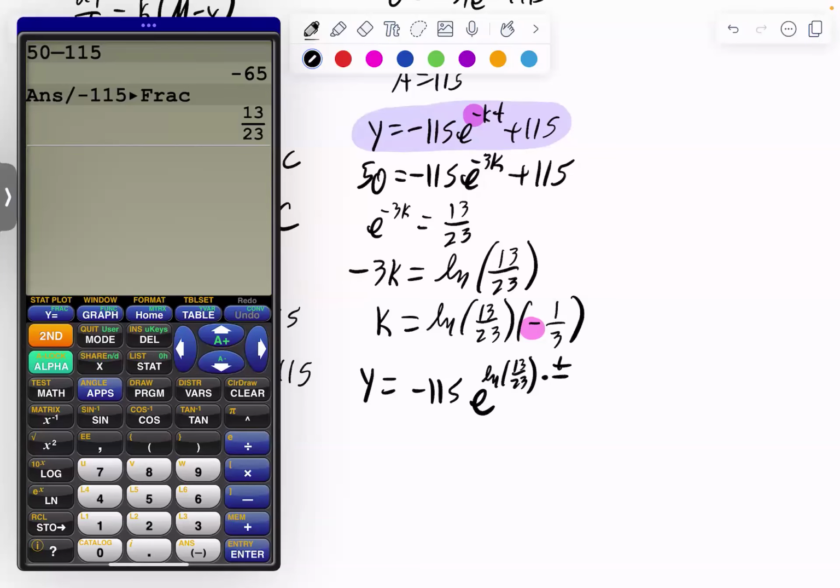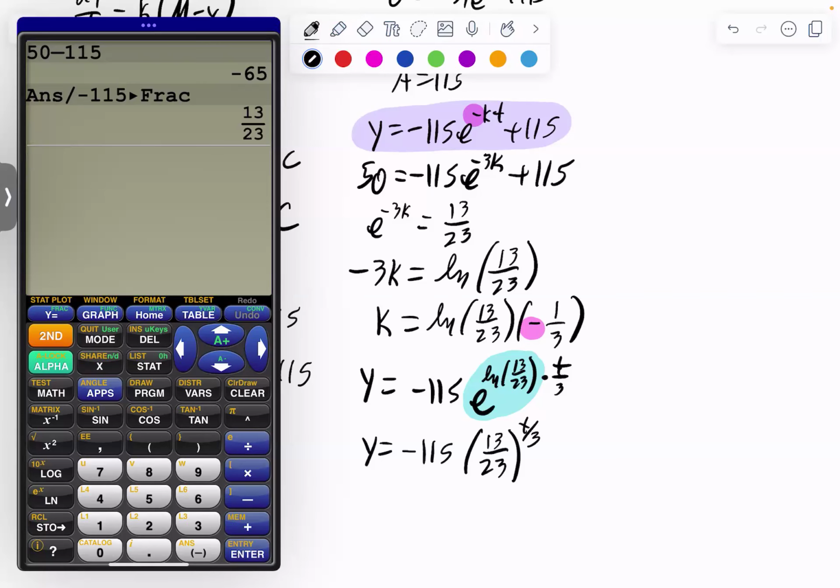So that's t over 3. And I know this is getting a little technical, but if you remember, e to the ln reduces out. So we get y equals negative 115 times 13 over 23 raised to the t over 3 power. If you're wondering about the negatives, remember they canceled out with the negative k up there and the negative 1/3.